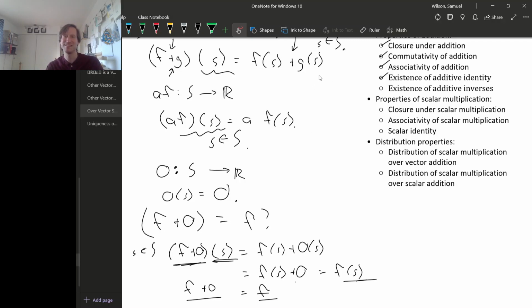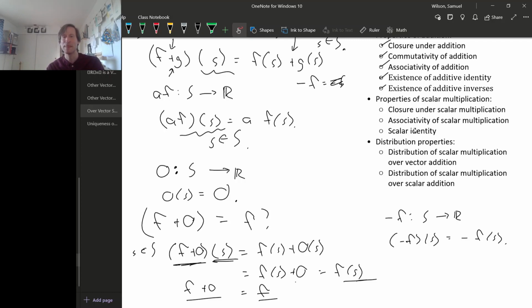Similarly, negative f is just the function, so how do I want to write it? The additive inverse of a function f is the function that when you evaluate it at little s, you get the negative of f of s. So no big surprise there. That gives us additive inverses.